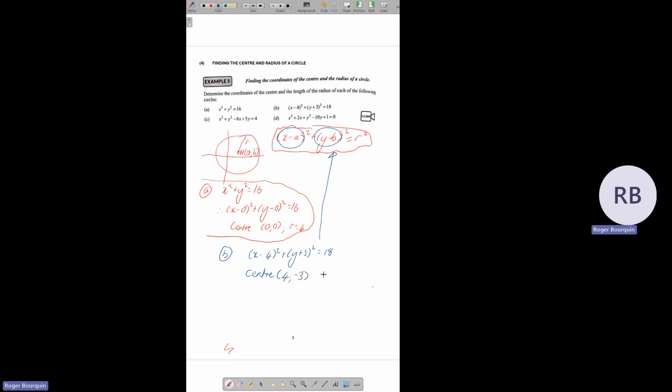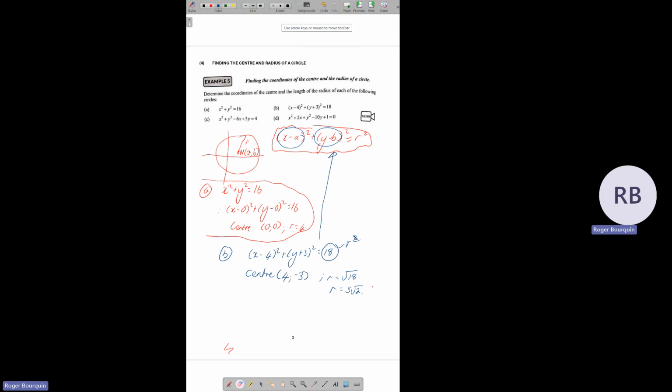Remember, this number is r squared, not r. So r is going to be equal to the square root of 18, which is 9 times 2, which is 3 root 2. Those ones are pretty straightforward, but it's important that you're able to recognize what's happening there.